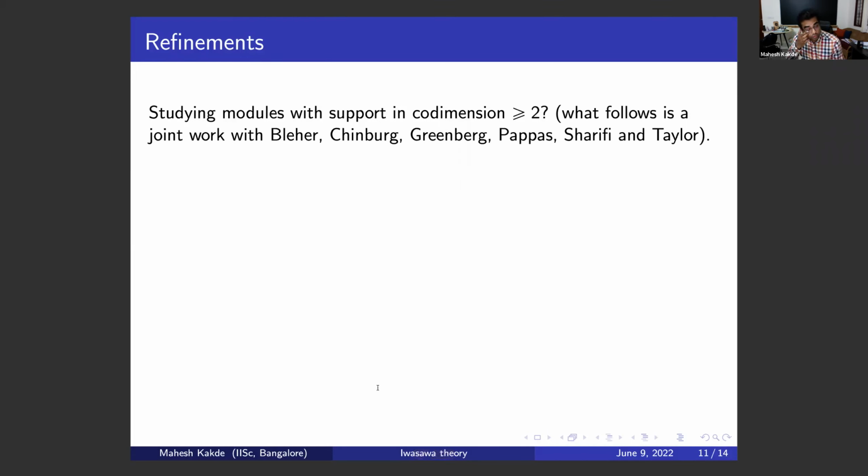Okay, so whatever follows is joint work with these six people: Frocke, Ted Chinberg, Ralph Greenberg, George Pappas, Romer Sharifi, and Martin Taylor. Again, I go back to commutative rings. This subject is very new, and we don't even know how to formulate things in general.